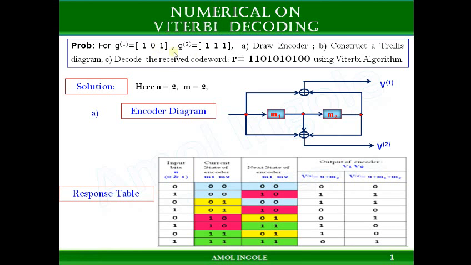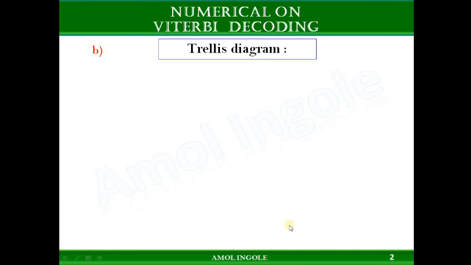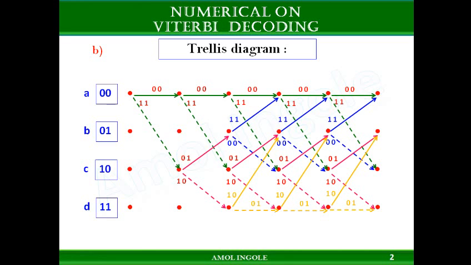This is the response table for this numerical. Using this generator sequence, you can easily draw the diagram, and from diagram you can easily construct this response table. The trellis diagram for this numerical is this one. You can see the video on trellis diagram and you will understand how this trellis diagram is drawn.